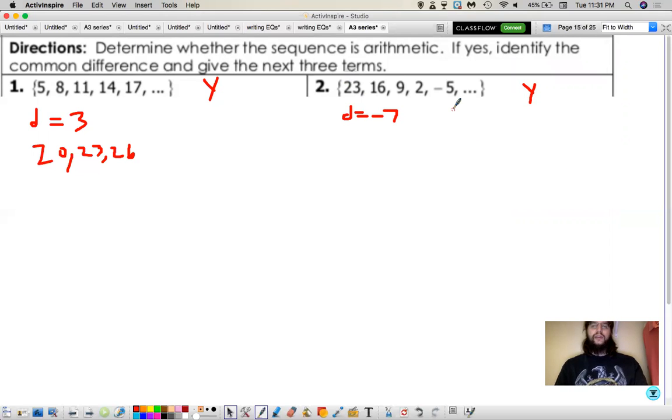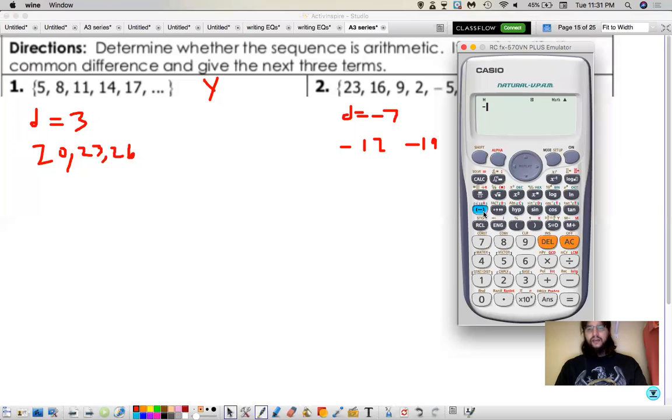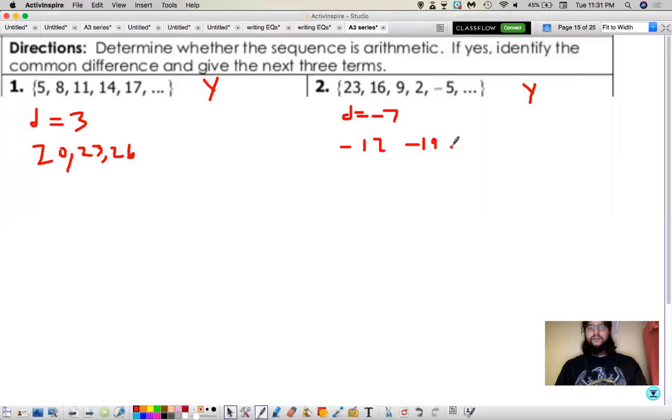So to get the next one, we're going to do negative 5 minus 7, negative 12. Negative 12 minus 7, negative 19. Minus 7 again, negative 26. So those would be the next 3 terms.